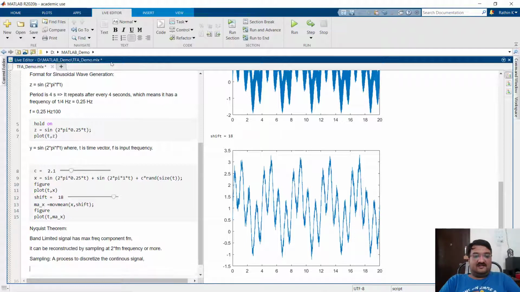In simpler terms, it means taking values of a continuous signal at equally spaced intervals. Most modern day systems use digitized, discretized signal processing.